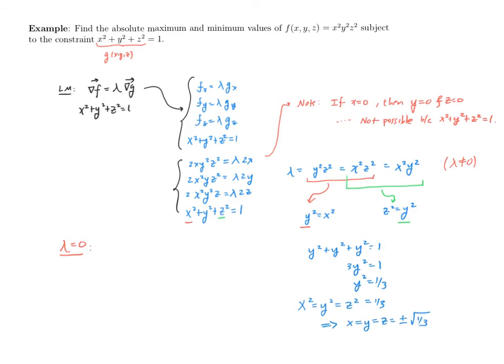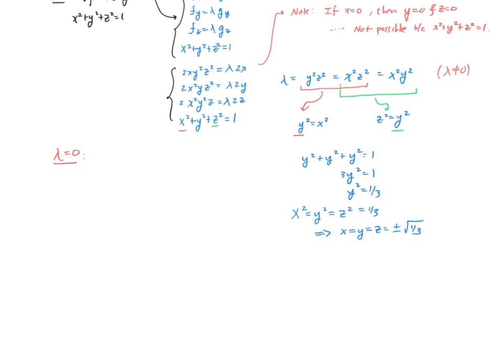Now I would like you to think about this for a moment. If x, y, and z can all be plus or minus the square root of 1/3, how many points do we have where those extreme values can occur? And the answer is quite a few, probably more than we want.